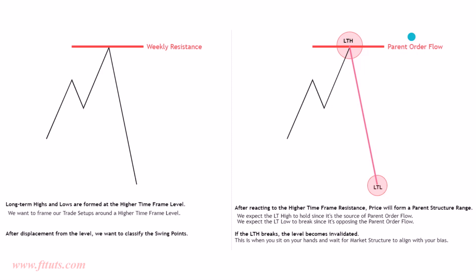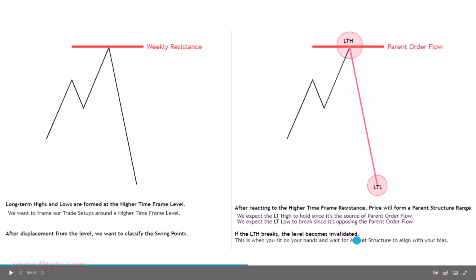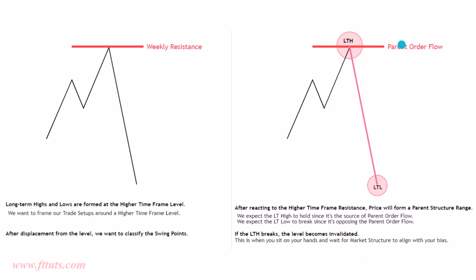Now, since this long-term high reacted to the key resistance level and caused displacement that broke market structure, we're going to expect that high to hold because that's the source of the order flow. That's the source of the parent order flow. Okay? With the long-term low, we're going to expect that to break since it's opposing the parent order flow.